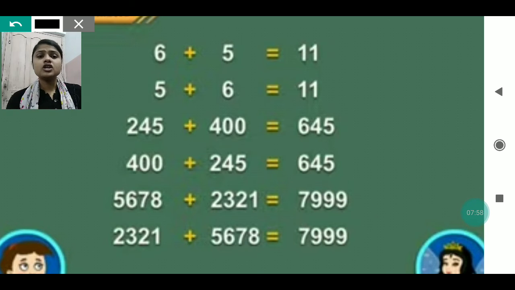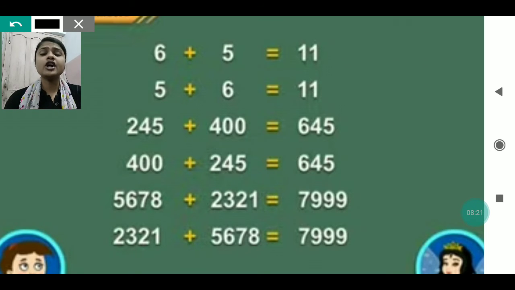In the same way, 245 plus 400 is 645 and 400 plus 245 will also be 645. In the same way, if you are adding 4-digit numbers, 5678 plus 2321 is 7999.